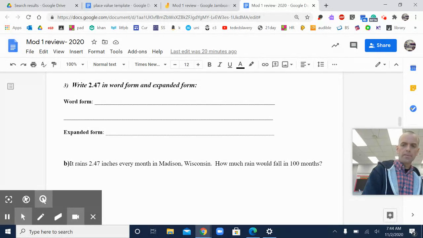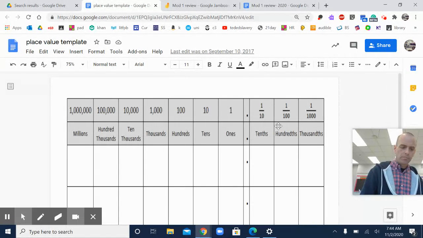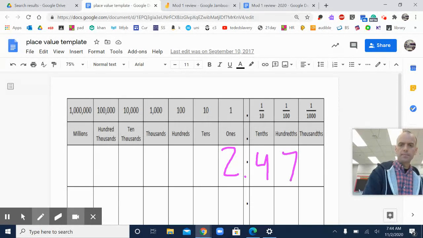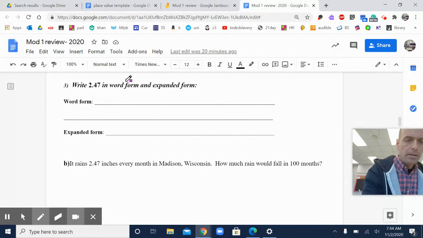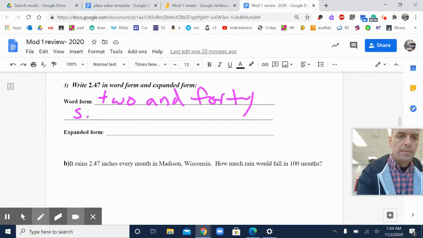For number 3, it says, write 2.47 in word form and expanded form. So the very first thing I would do is write this in your place value chart. So you go to your place value chart and you write the number 2.47. And I can see when I write it here, it's 2 and 47 hundredths. So then I go back to my problem and I simply write that 2 and 47 hundredths.